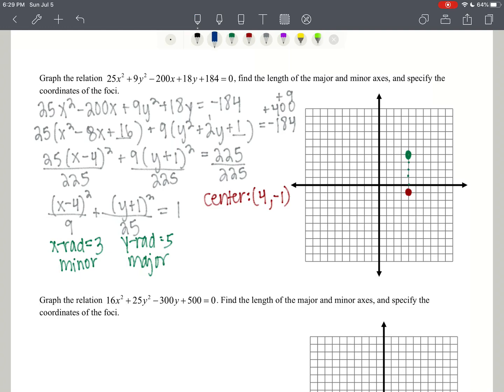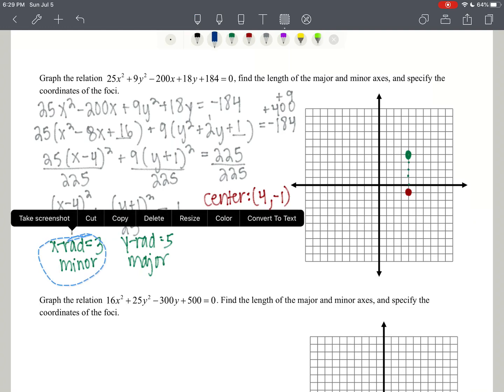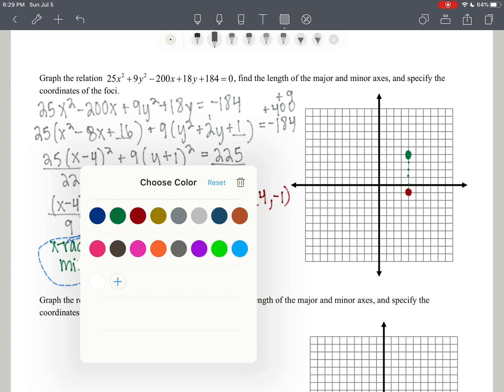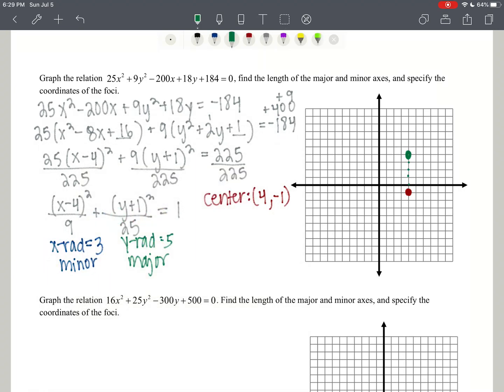Let's make this one blue, this way you could see the difference. There we go. 1, 2, 3, 4, 5. And then our x radius, 1, 2, 3, that's definitely minor, 1, 2, 3. We're going to connect these dots.